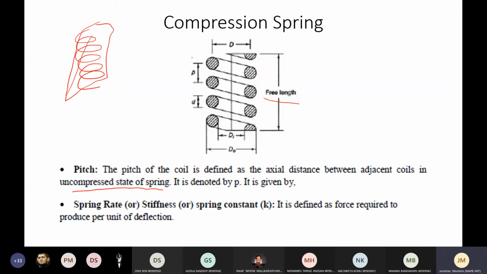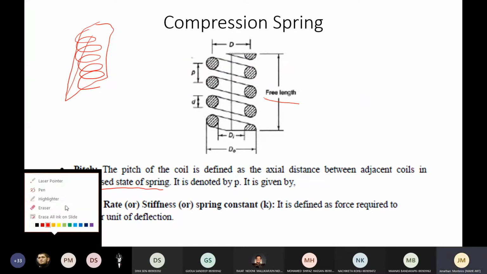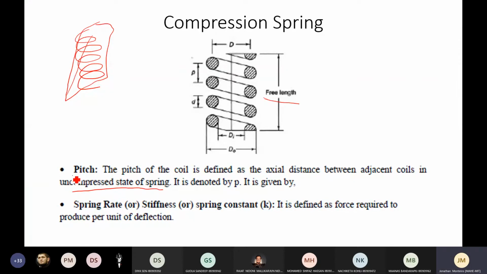So what is pitch? It is the axial distance between adjacent coils in an uncompressed state of spring. That distance is measured axially. It is usually denoted by the letter small p.